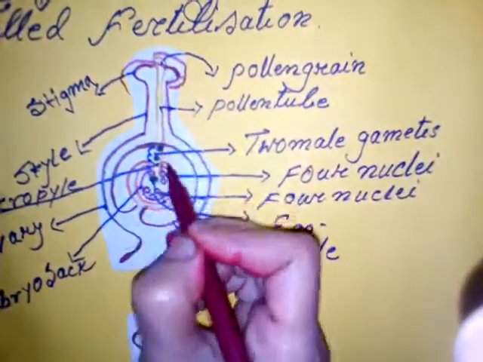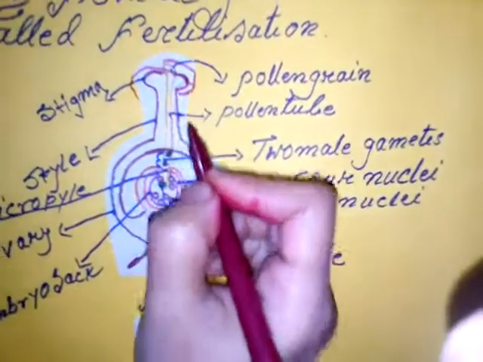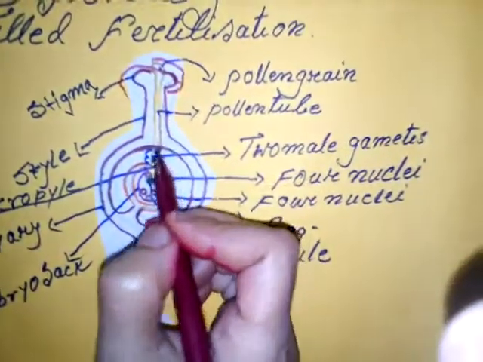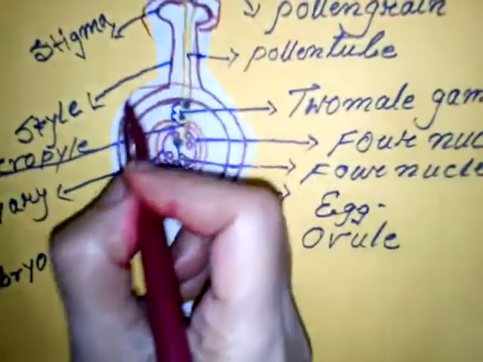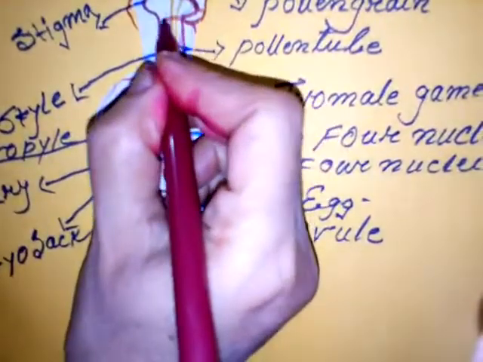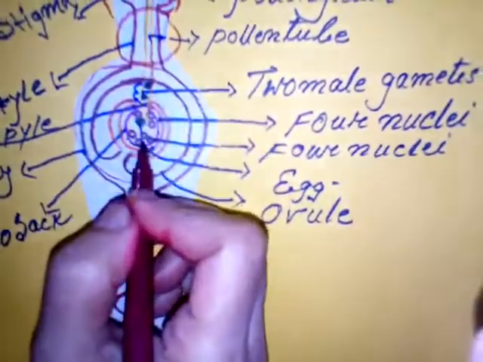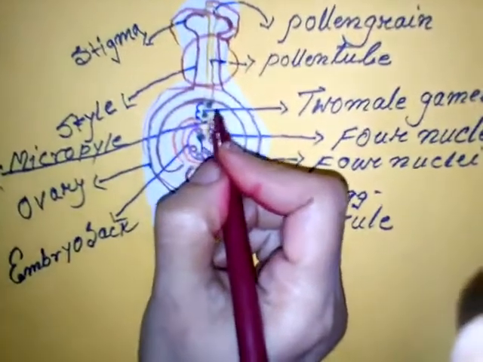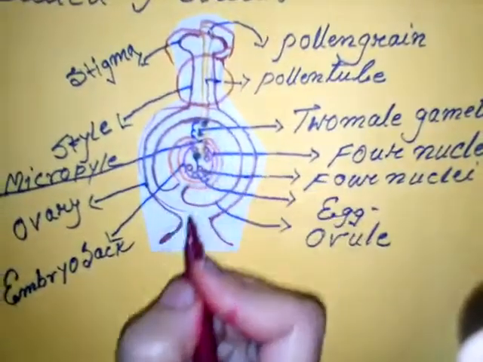This is the pollen tube and this pollen tube moves down towards the ovary, this part is the ovary, through the style. This is the style, and it carries 2 male gametes that were present in the pollen grain.